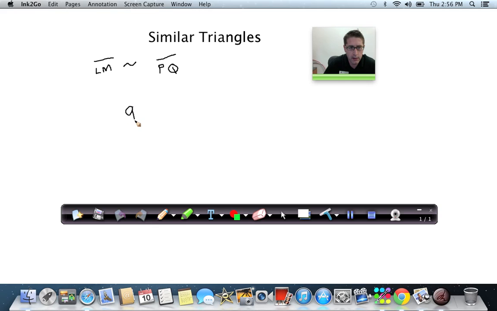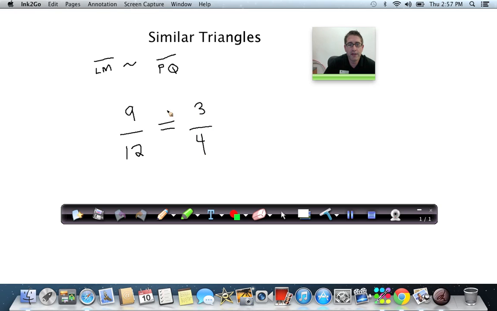So 9 over 12. So we write it as a little fraction or a ratio. Looks like a fraction, smells like a fraction, but it's not a fraction. It's a ratio. So we're going to go ahead and simplify that because we know that 9 and 12 have a common factor of 3. So I divide 3 out of both of them and I get 3/4.